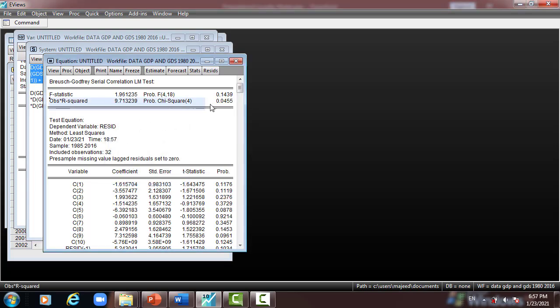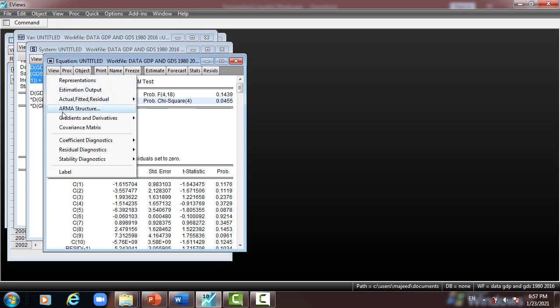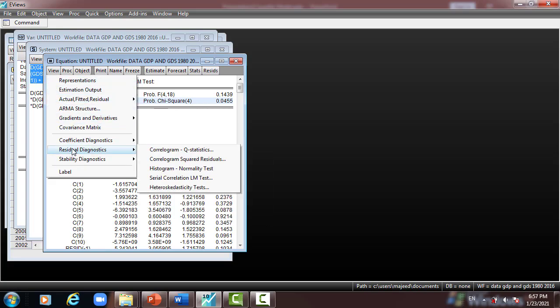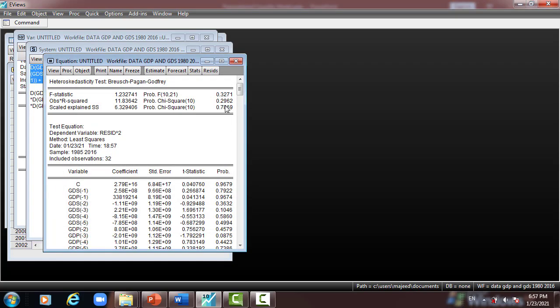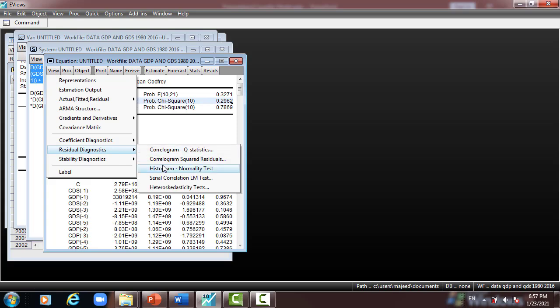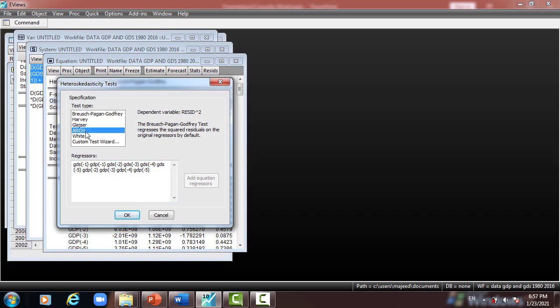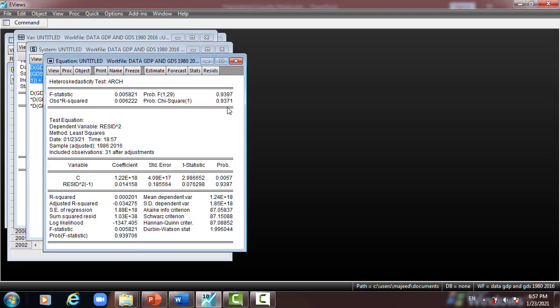This is less than 5%, which means the model is suffering from serial correlation. The second part: residual diagnostic, heteroscedasticity, and there is no heteroscedasticity, which is good. ARCH effect: we go to residual diagnostic, heteroscedasticity, ARCH, and there is no ARCH effect, which is a good sign.